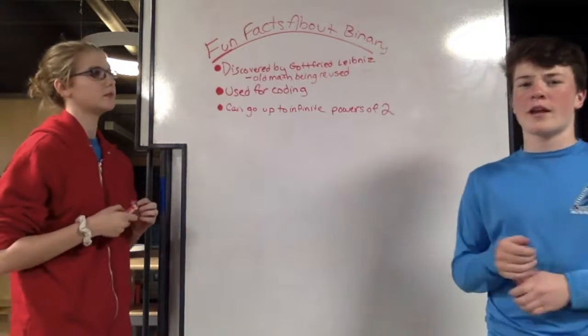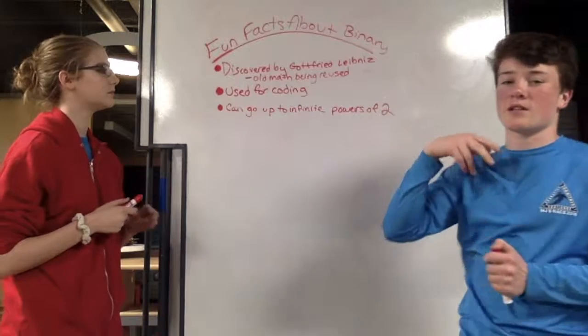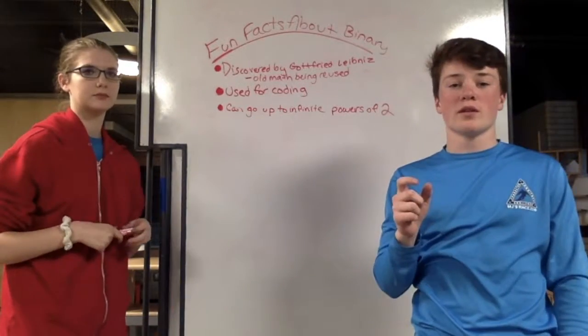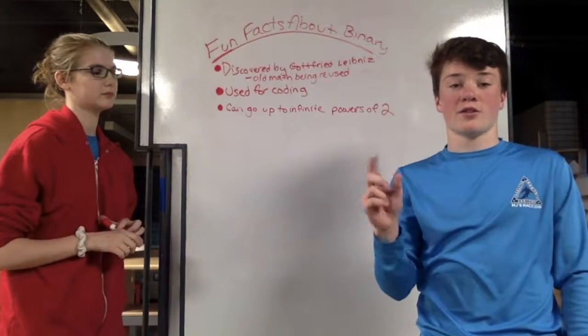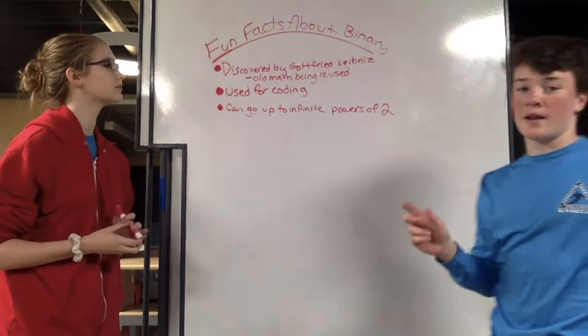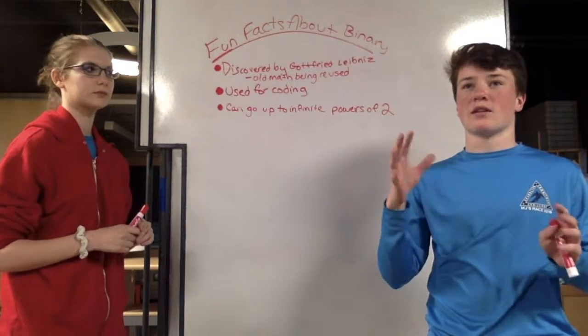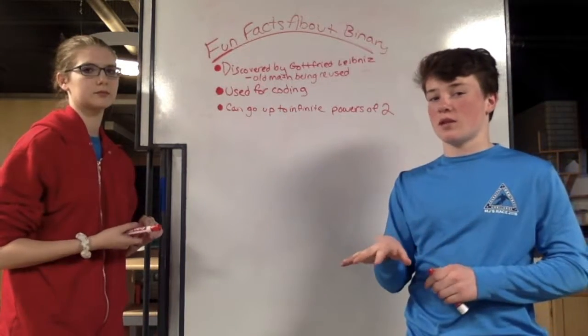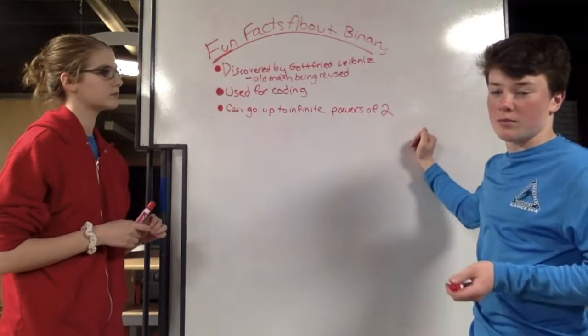Nowadays it's being used for coding in computers. As I said before, the two numbers are 0 and 1, so computers can easily identify numbers because it's either there or it's not there. It's used for coding and other computer programs.